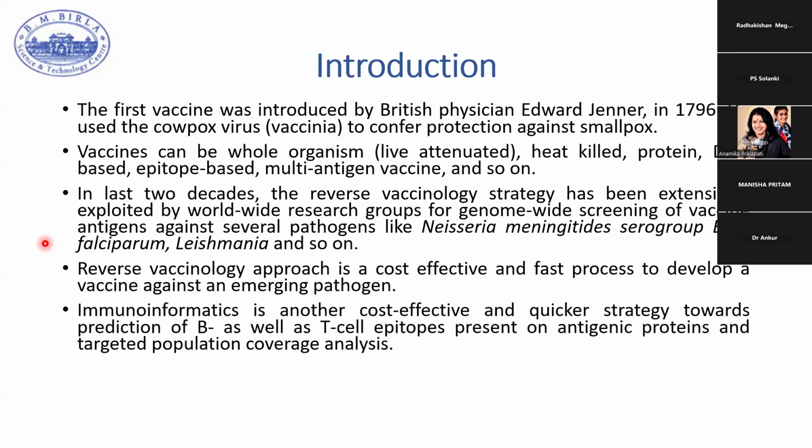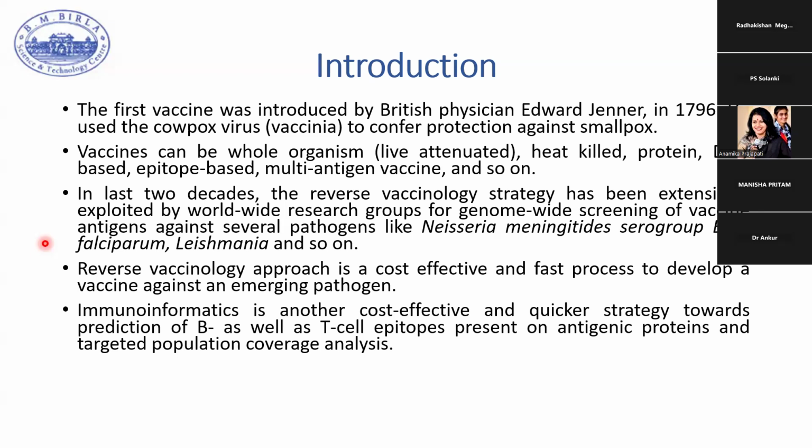The first vaccine discovered by the reverse vaccinology approach was against Neisseria meningitidis. After that, lots of pathogens like Plasmodium falciparum, Leishmania, Zika, and others were explored for this reverse vaccinology approach. So why the reverse vaccinology approach?